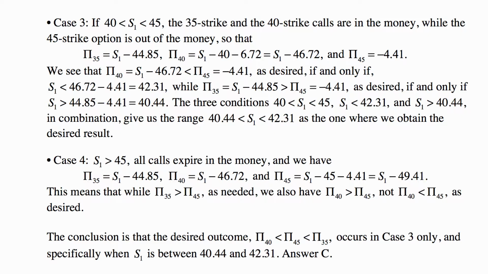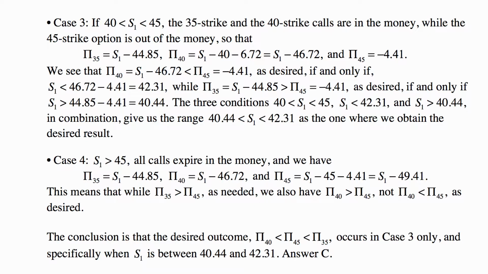We see that pi 40, which is S1 minus 46.72, is less than pi 45, which is negative 4.41, as desired, if and only if S1 is less than 46.72 minus 4.41, which is 42.31, while pi 35, which is S1 minus 44.85, is greater than pi 45, which is negative 4.41, as desired, if and only if S1 is greater than 44.85 minus 4.41, which is 40.44.